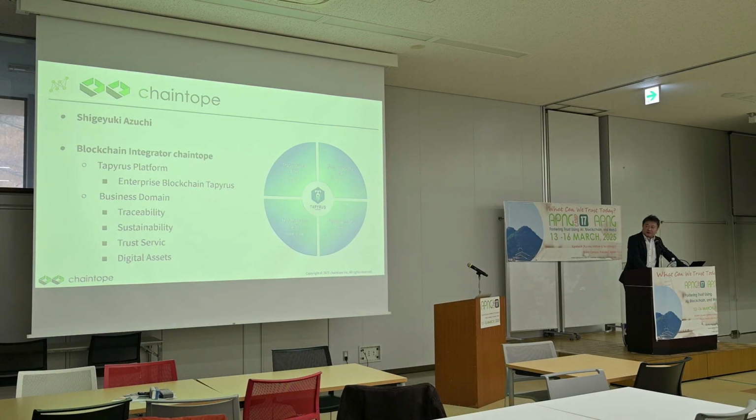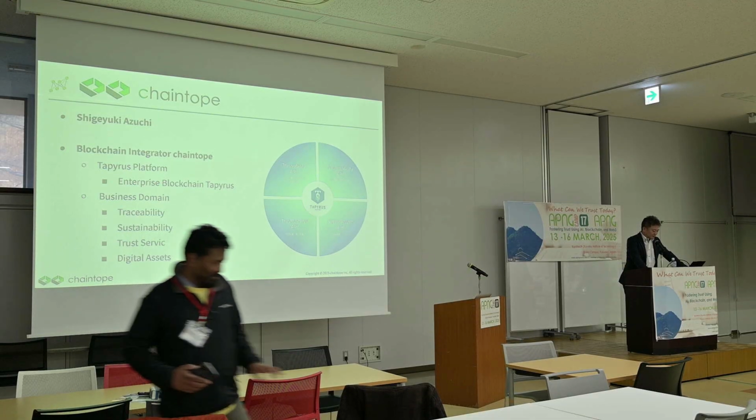And then sustainability, visualizing and evaluating CO2 reductions. And then trust service: issuing local government documents as digital certificates, and issuing paper-based certificates, including those from financial institutions, as digital certificates, and enabling third-party verification of digital certificate authenticity.